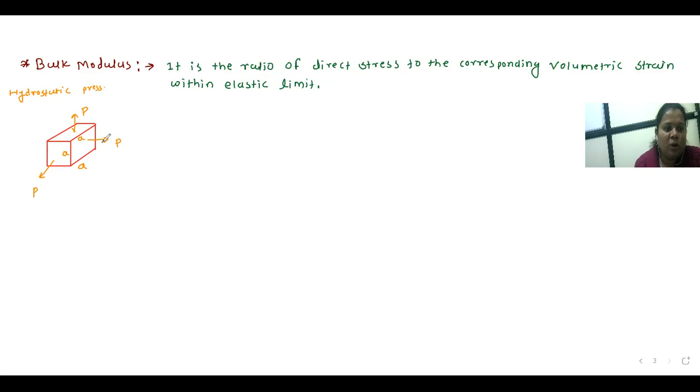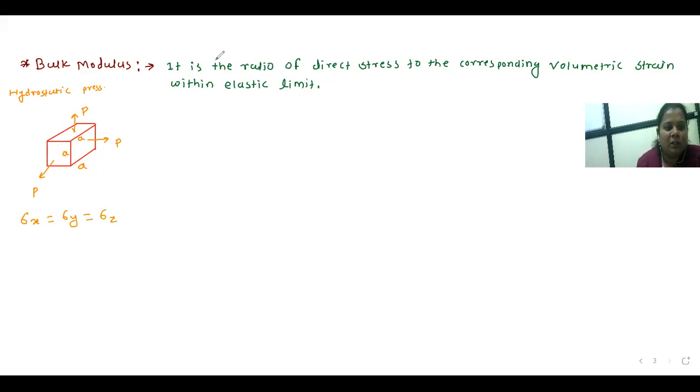So this is a cube. On that we will apply the same force, and this force will act on an area, so this area is also the same. Whenever the load is the same and the area is the same, we will consider stress in plane 1 equal to stress in plane 2 equal to stress in plane 3.